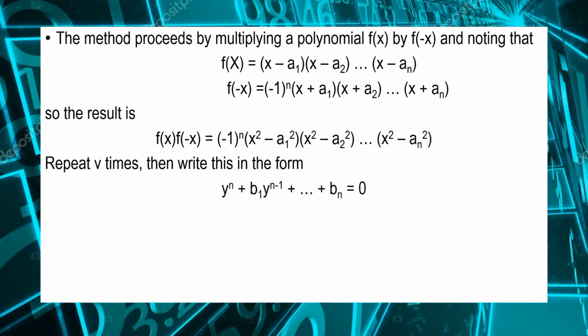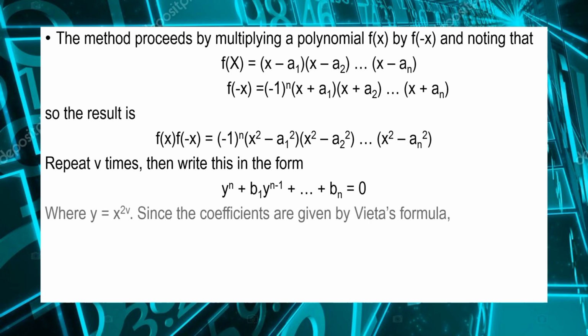If we repeat this multiplication b number of times, then we can write this in the form y raised to n plus b sub 1 y raised to n minus 1 and so on until b sub n is equal to 0, where y is equal to x raised to 2b.